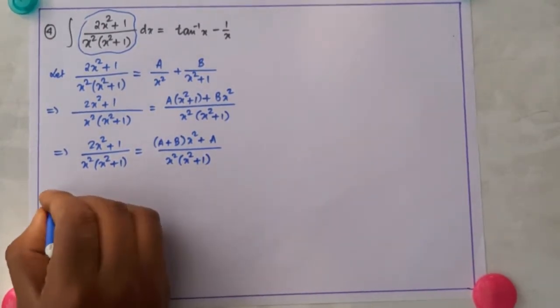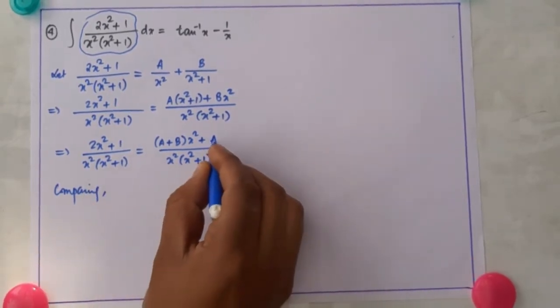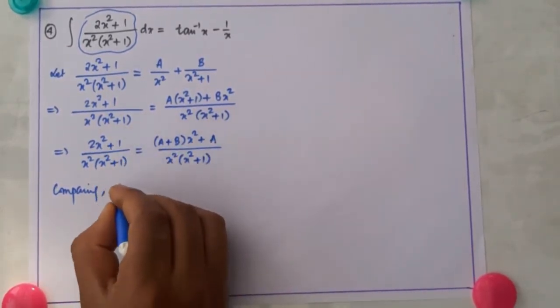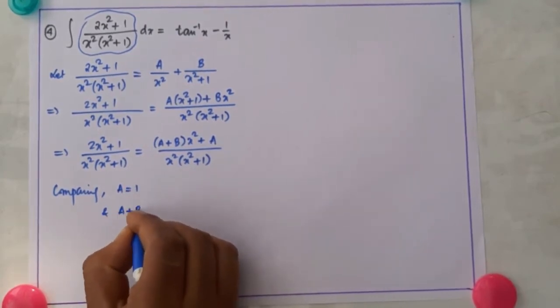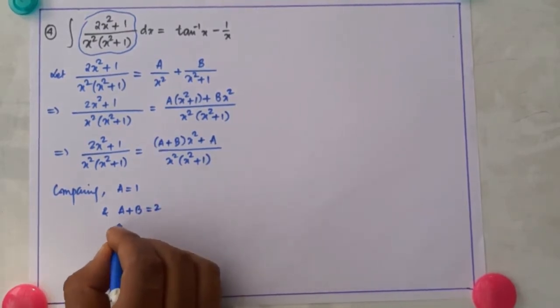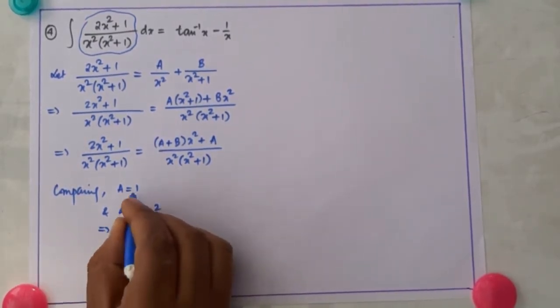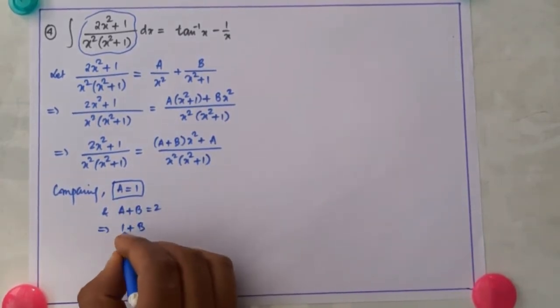So comparing, now when you compare, you see that a, that is the constant term here, is 1, so a is equal to 1, and a plus b, that is the coefficient of x square, is a plus b, and here it is 2, isn't it? So we know that a is 1, so instead of a I have written 1.